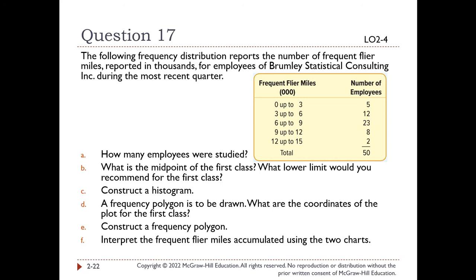Okay, 23 right there. Half of them did that. We can also say 5 employees traveled less than 3,000, because there's our less than. And some traveled more than 12,000, with 2. Again, it's just interpreting data.